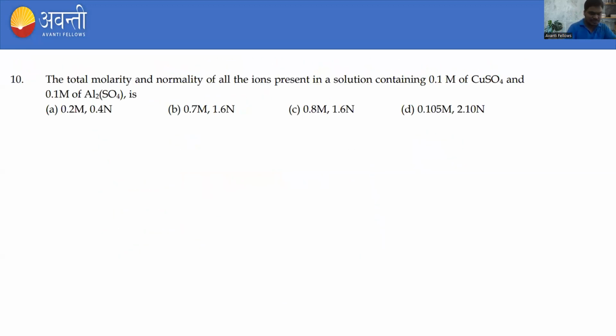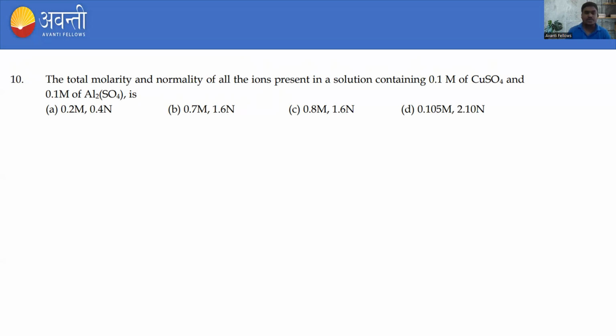Now, move to the next question. So according to this question, what they ask is the total molarity and the normality of all the ions present in the solution containing 0.1 molar of copper sulfate and 0.1 molar of aluminum sulfate. So you have to calculate this, right? Total number of moles. So what is the total number of moles they are containing?